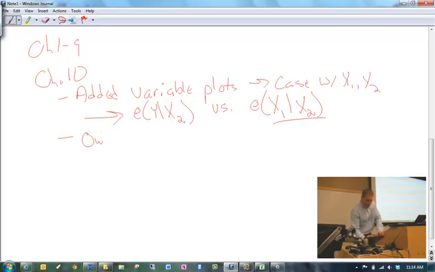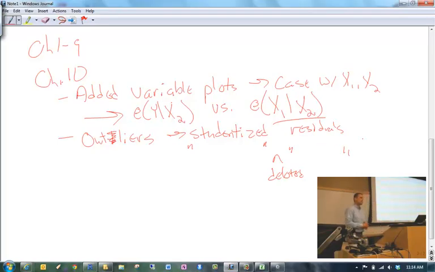Then we talked about outliers. Spell outliers, unfortunately. And we focused on studentized residuals and studentized deleted residuals.